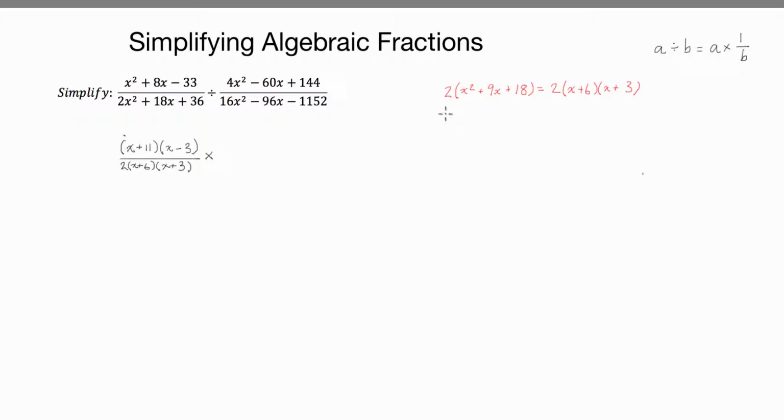Yep, okay, good. So we can take 16 out of the bracket. That'd be nice to see, 16 into 96 is 6. And 16 into 1152 is 72.